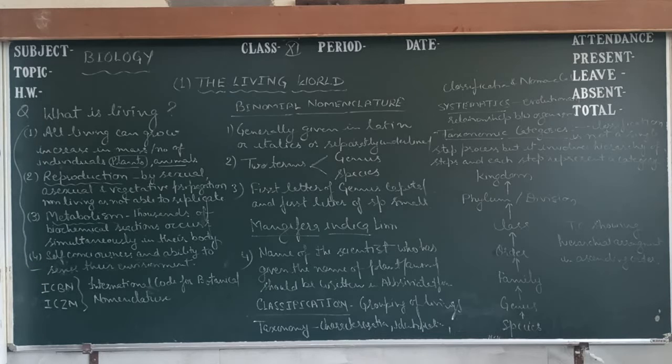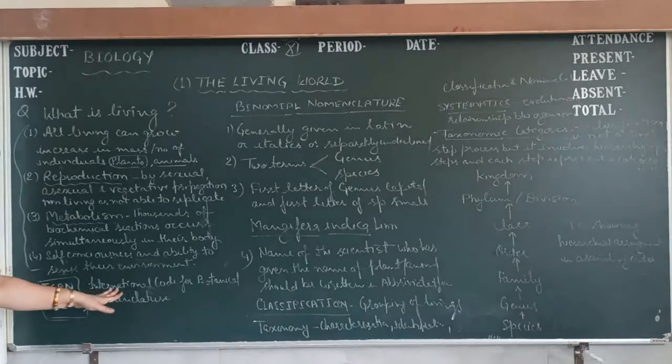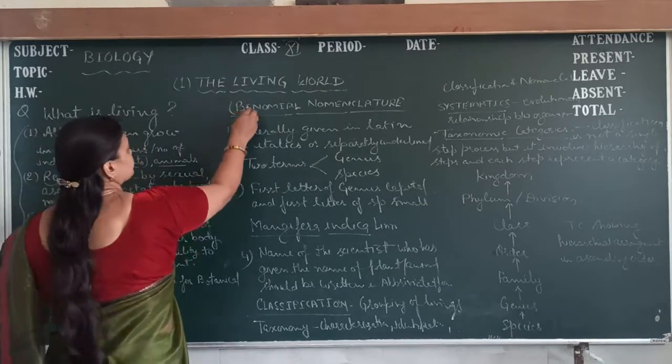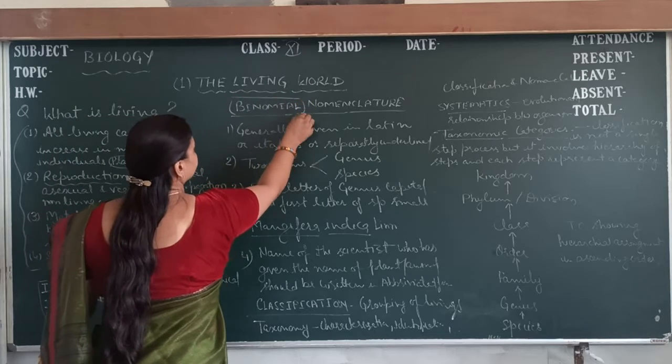Now we come to nomenclature. It is ICBN and ICZN. What is ICBN? ICBN is the International Code for Botanical Nomenclature and ICZN is the International Code for Zoological Nomenclature. The system of nomenclature is the binomial system of nomenclature.